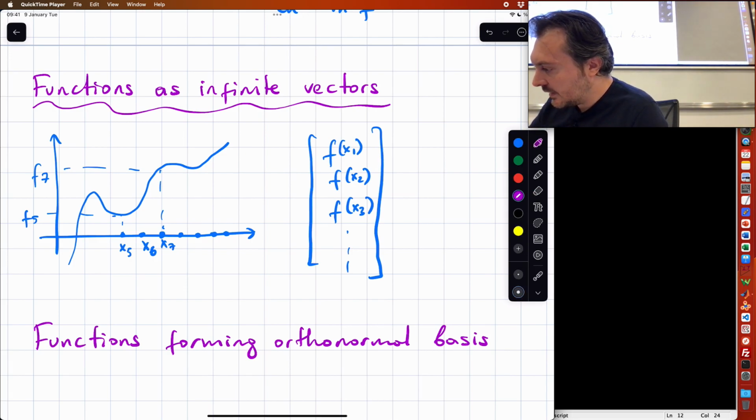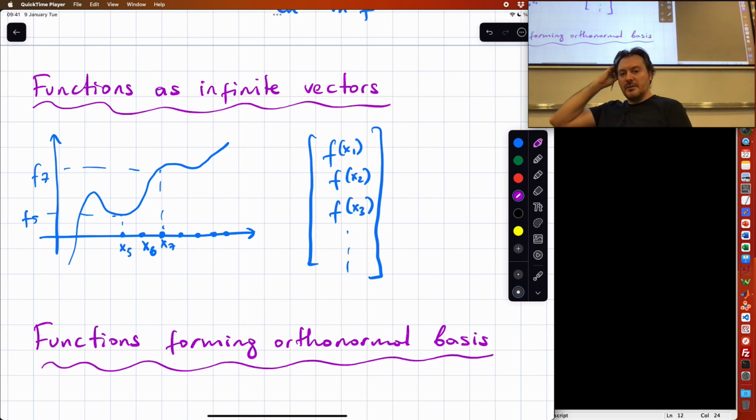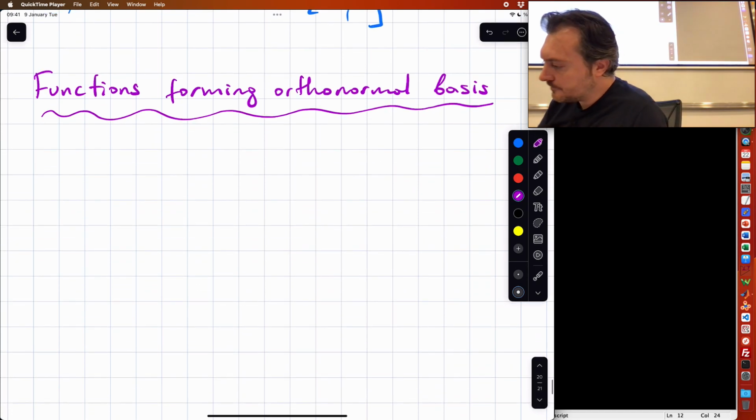Since we started thinking about functions as infinite dimensional vectors, it's just the same thing. Just like vectors can make an orthonormal basis, functions also can create orthonormal bases. And we are going to be interested in one particular one, which is this one.